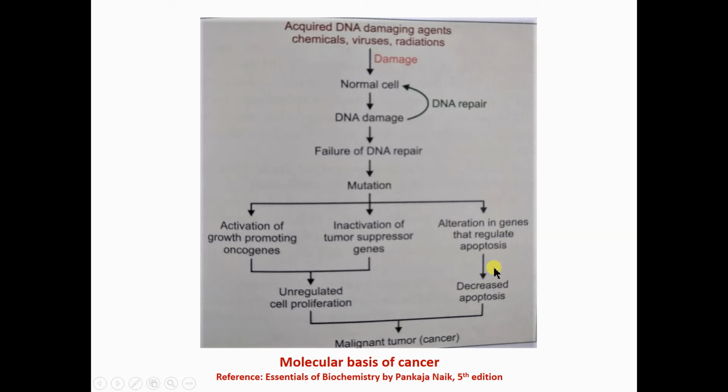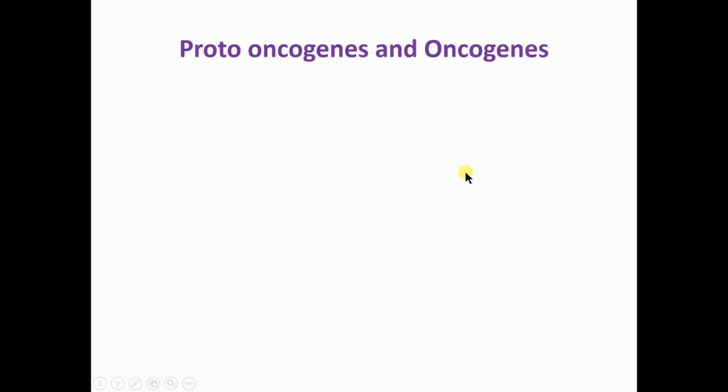So there is decreased suiciding of the cell due to alteration in the genes that regulate apoptosis. So this cell cannot die by its own suicide mechanism, and this leads to uncontrolled proliferation of the transformed cell, and both coordinately lead to a malignant tumor of cancer cells. So this is the most important pathway for the molecular basis of cancer.